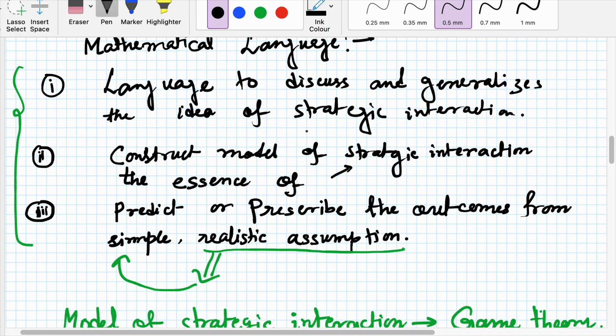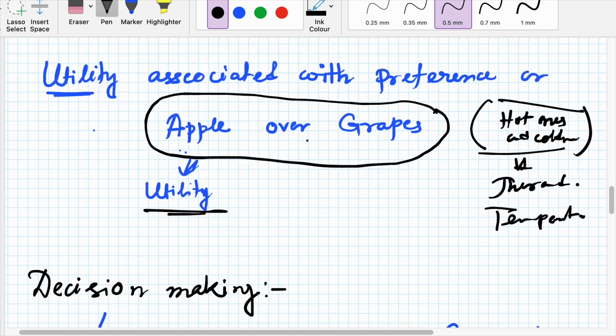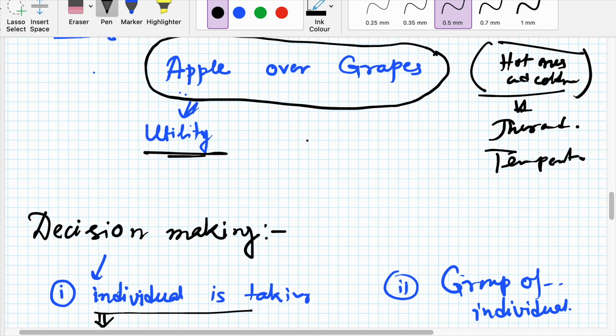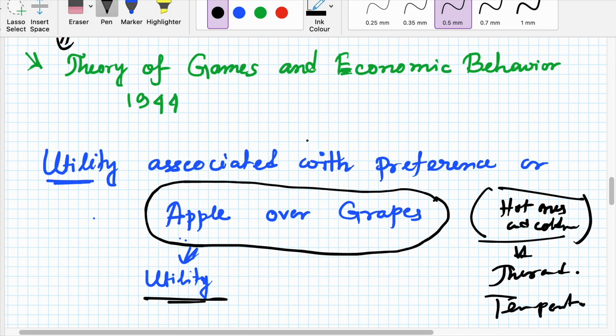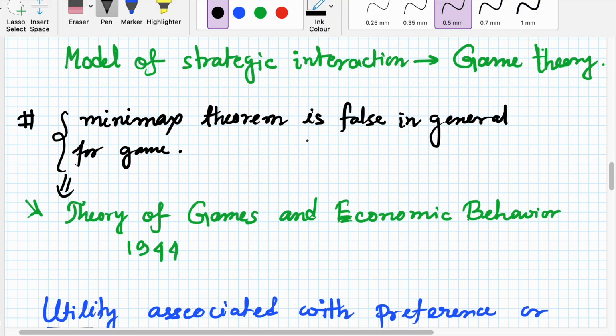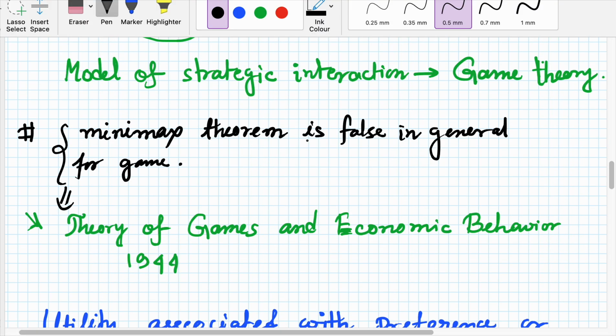To model the conflict, or to mathematize the interest, there are various theories, but in game theory, the founding pillar is the utility theory. First, von Neumann and Morgenstern formalized the theory of utility.